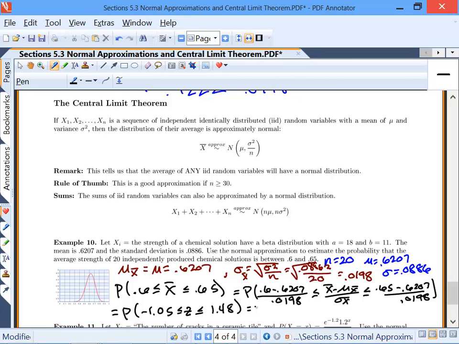And to find this, I'm going to go to my chart, look at my 1.48, so 0.9306, and then look at my negative 1.05, which gives me 0.1469. So the difference is 0.7837.